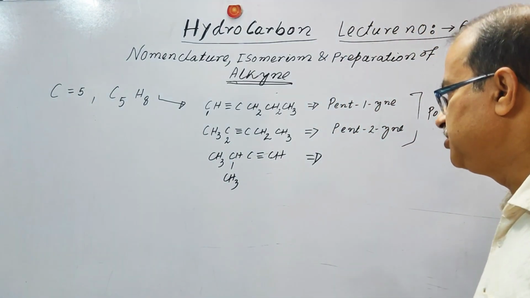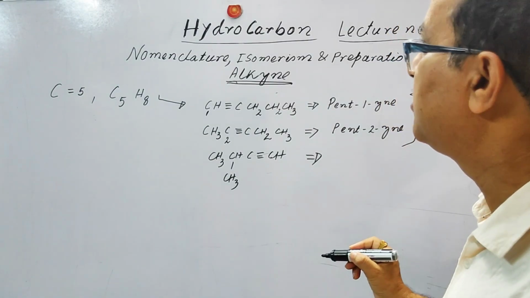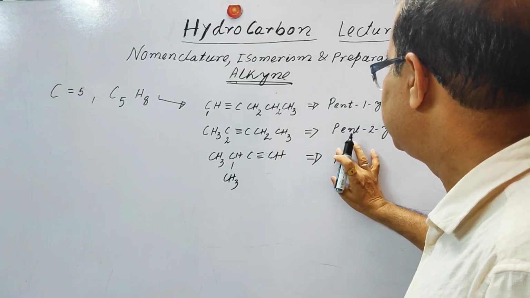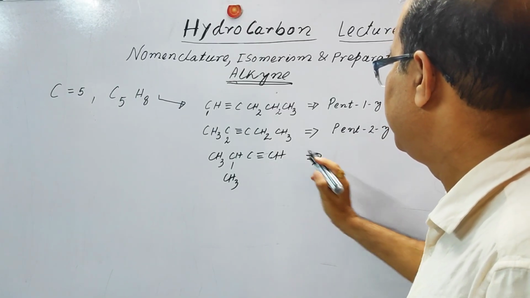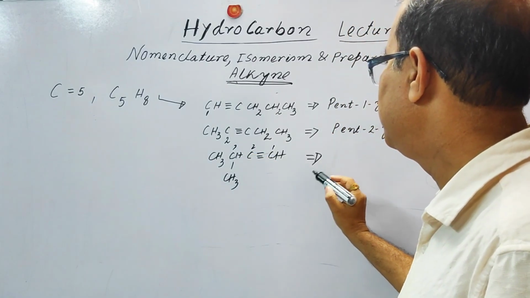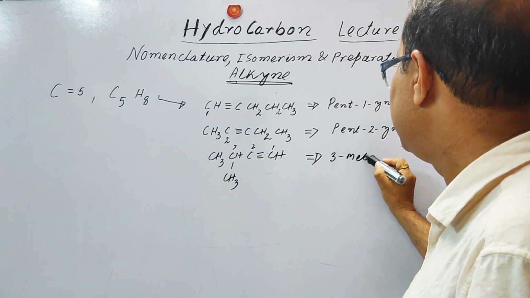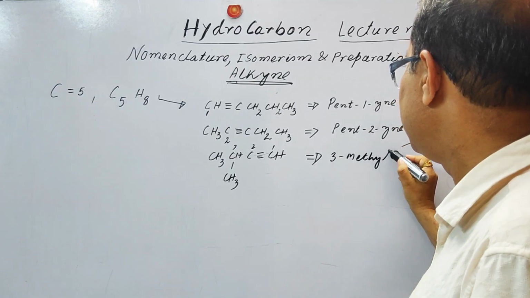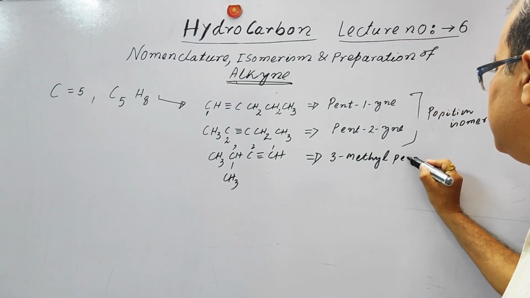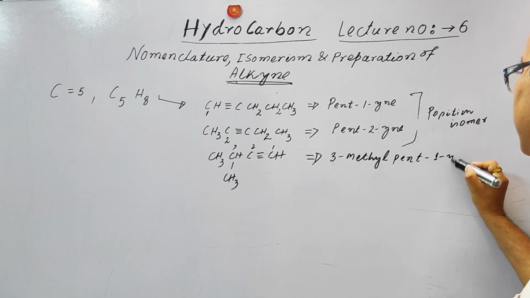So this is again one structure of pentyne. The numbering is 1, 2, 3, so this will be 3-methylpent-1-yne.